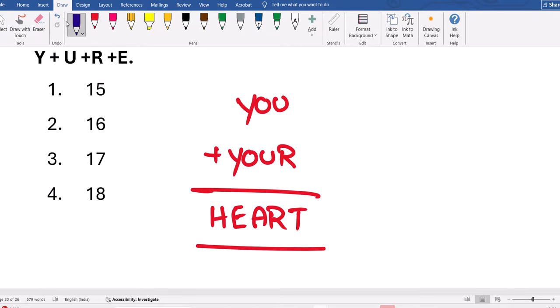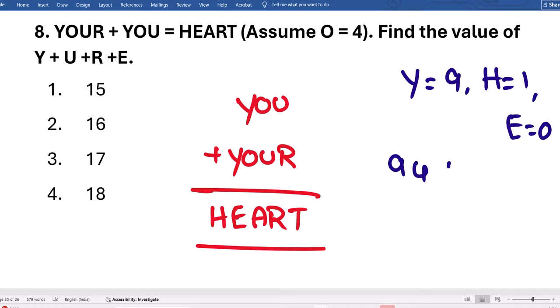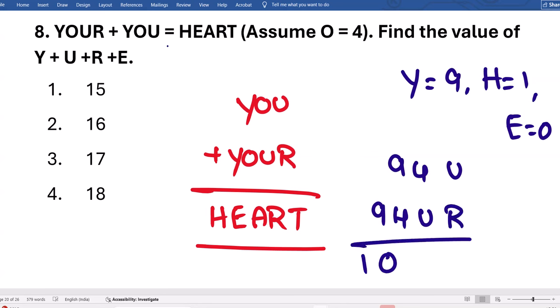And you know Y value, H value. What is Y? 9, H is 1, E is 0. So 94UR, 10ART.